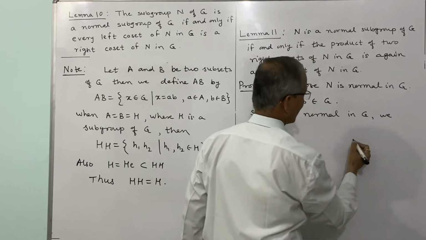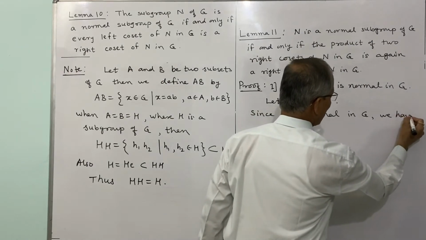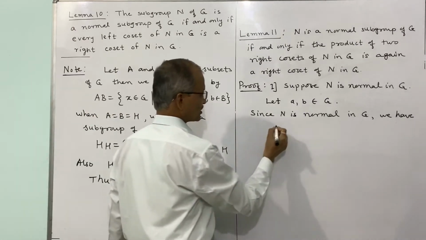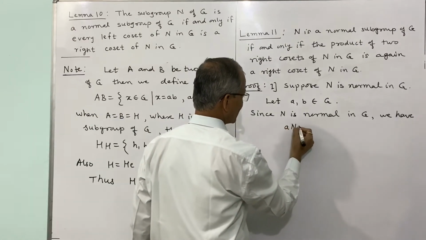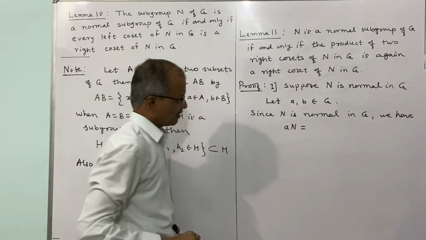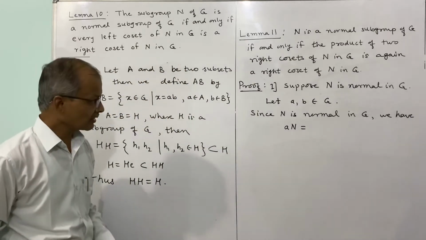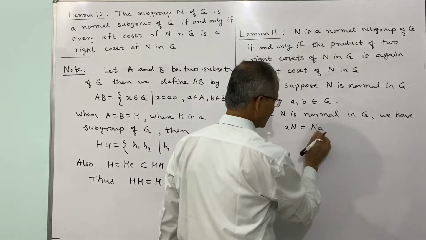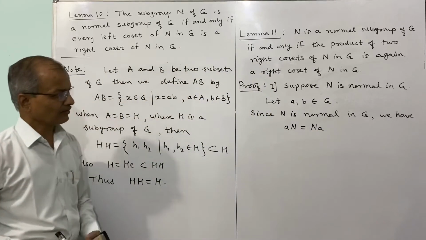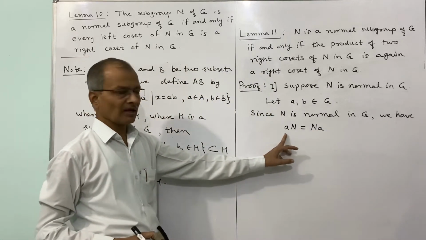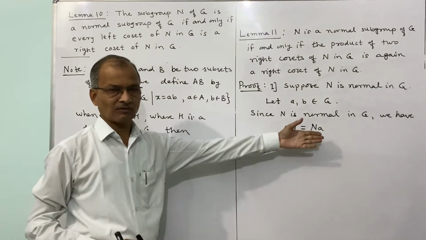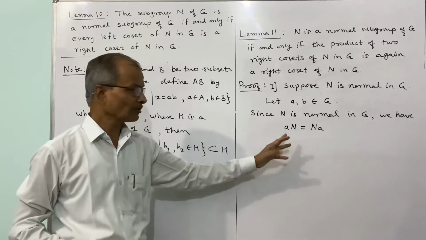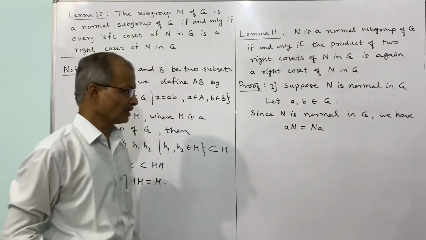we have a left coset equal to a right coset. That is, AN, a left coset of N in G, is equal to a right coset of N in G. So we may have gN is equal to Ng, bN is equal to Nb, etc. So we have AN is equal to NA.